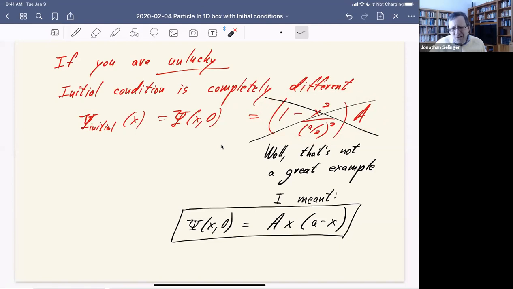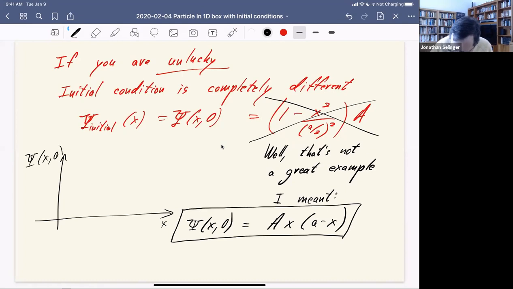That's not actually a very good example. I was trying to match the boundary conditions, but that one doesn't. What I meant to say for an example is, what if you have some function of x, so psi of x and 0, is a function of x that satisfies the boundary conditions.